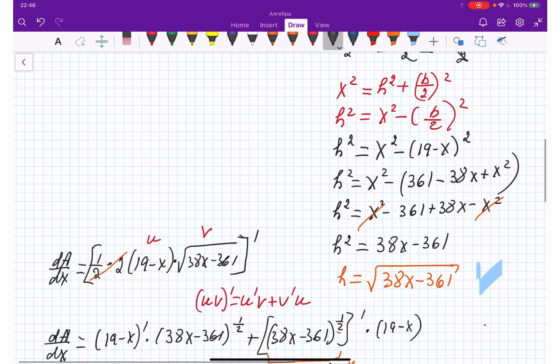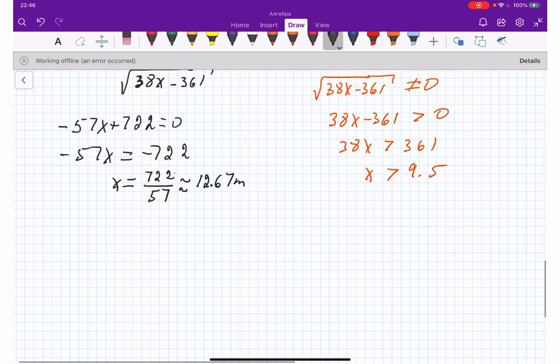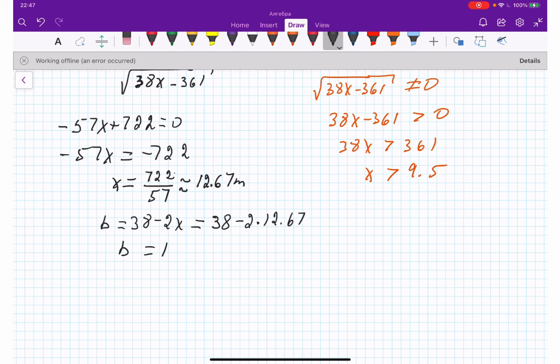So b is equal to 38 minus 2x, 38 minus 2 times 12.67, and b is equal to 12.67.